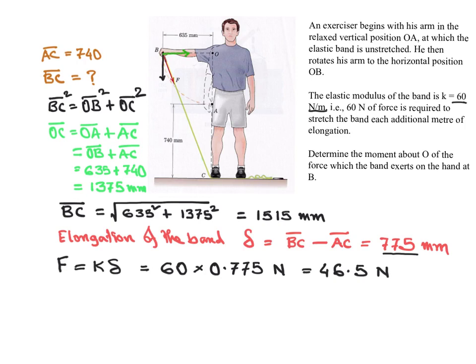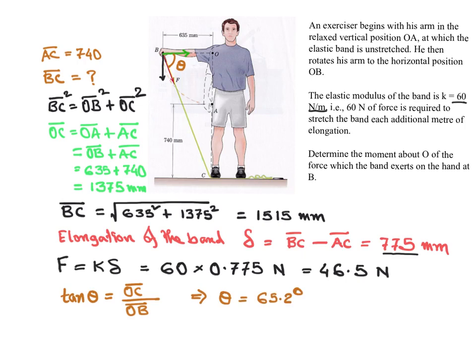To resolve this force, we need to calculate one of these angles. Let's say this angle is theta. By using this right angle triangle, tan theta would be equal to OC by OB, which gives us theta equal to 65.2 degrees.